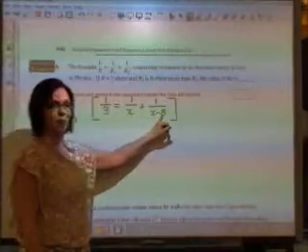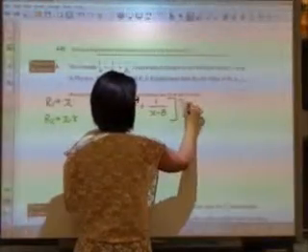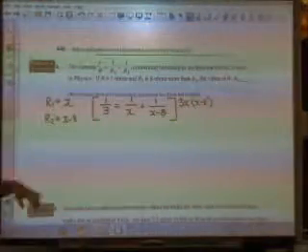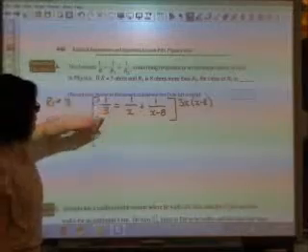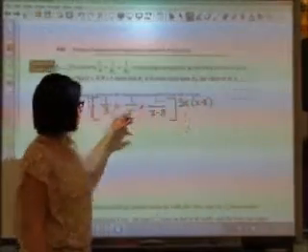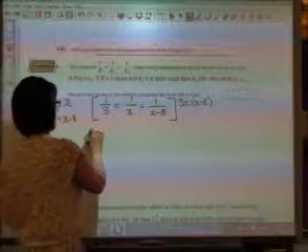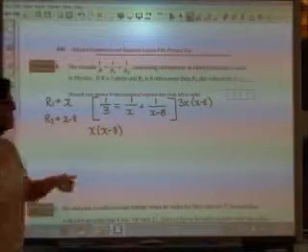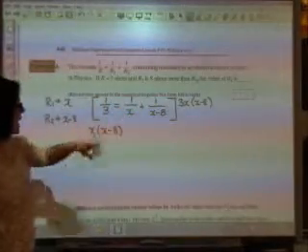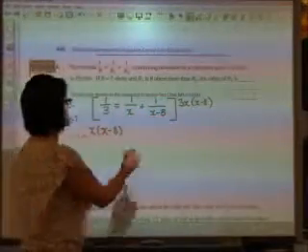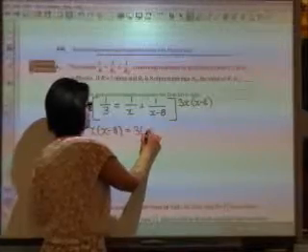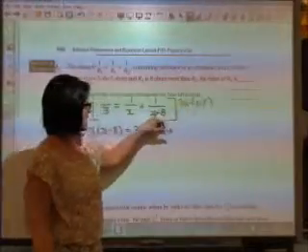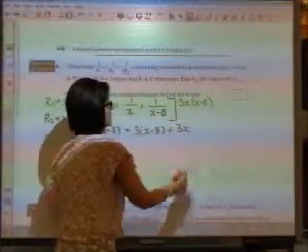There is no common factor, so I'd multiply by 3x times x minus 8. When I multiply 1/3 by this common denominator, the 3's would cancel, and I'd be left with x times x minus 8. When I multiply the 1 over x, the x's would cancel, and I'd be left with 3 times x minus 8. And in the last one, the x minus 8's cancel, and I have 3x.